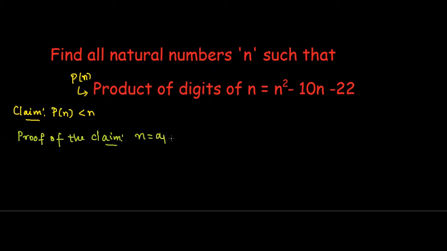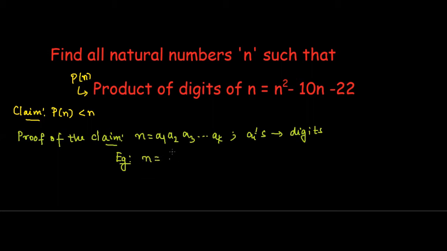I'm going to write n as a1, a2, a3 up to ak as its decimal expression, where the ai's are digits. Now, what do I mean by decimal expression? Let's take up an example.